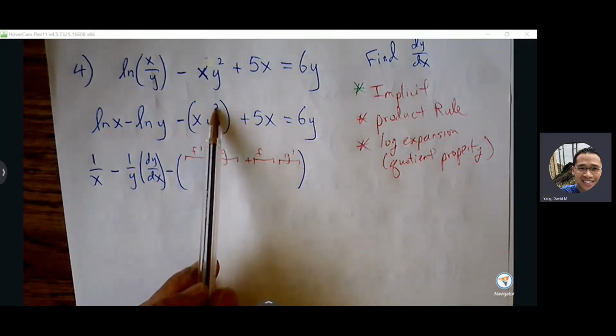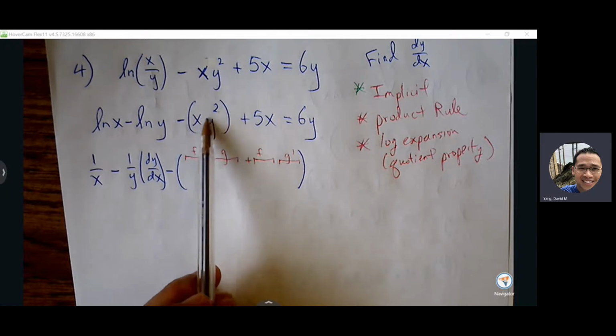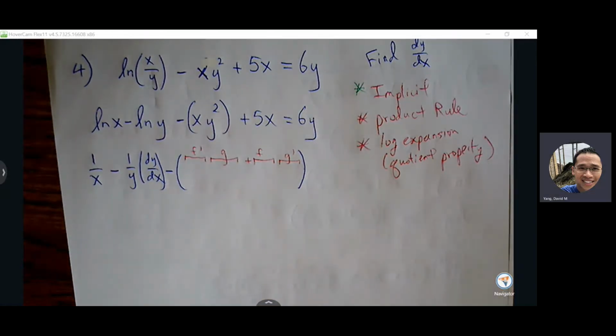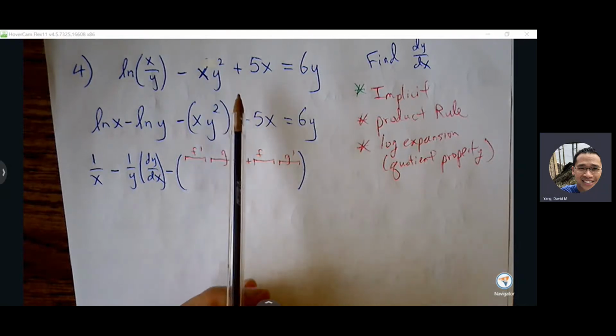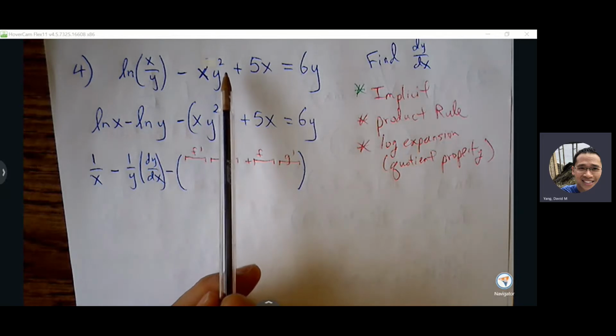We can't bring the 2 down. Do you know why? Does anybody know why? Why can we not bring this 2 down in front? Okay, that's true, but that's not the reason.